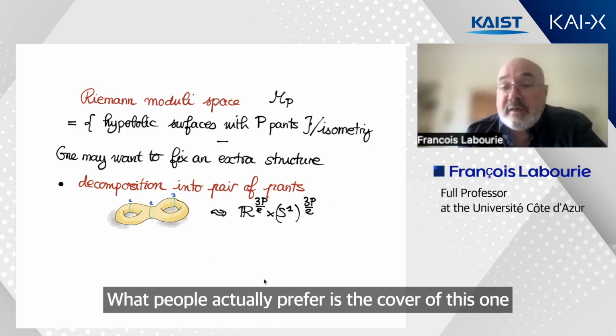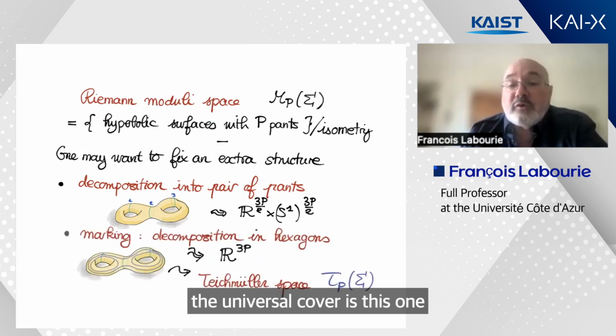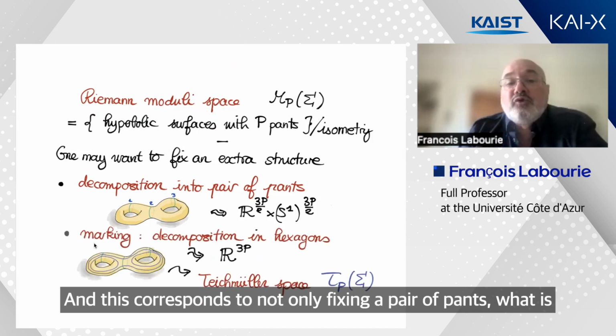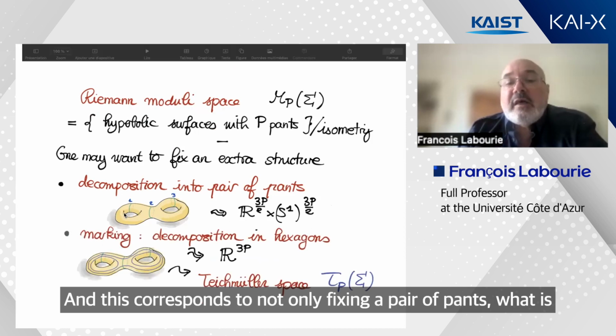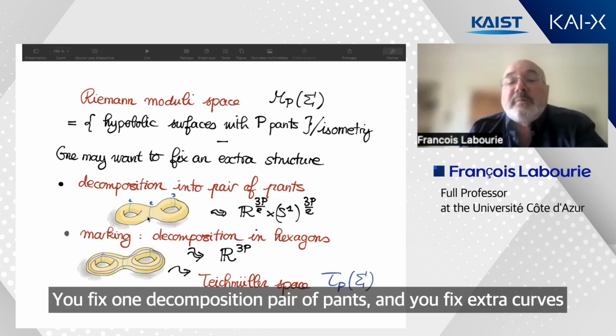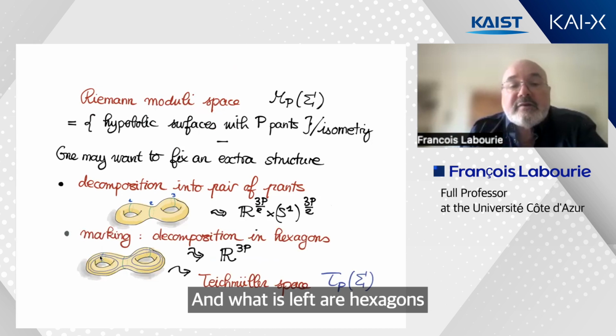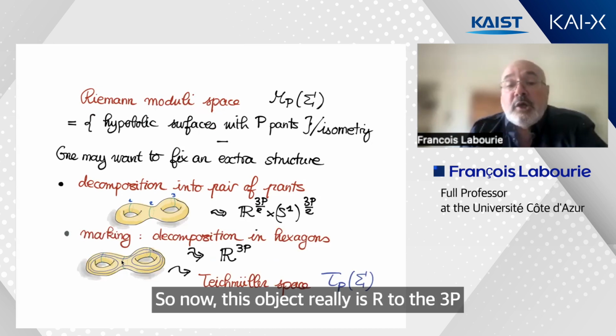What people actually prefer is the cover of this one, the universal cover, and this corresponds to not only fixing a decomposition into pairs of pants, but you also fix extra curves, which are blue in this picture here, and what is left are hexagons.